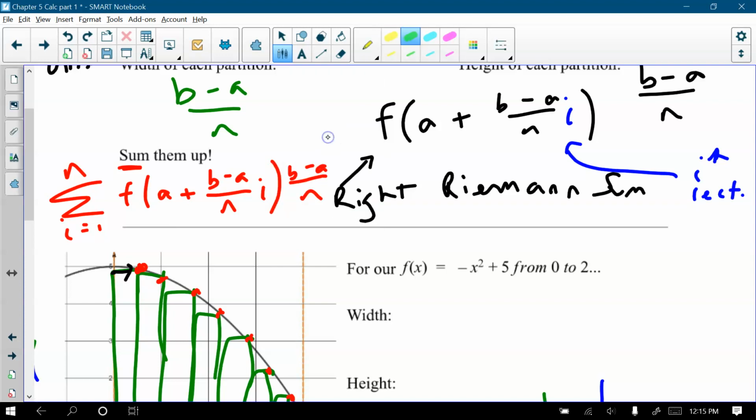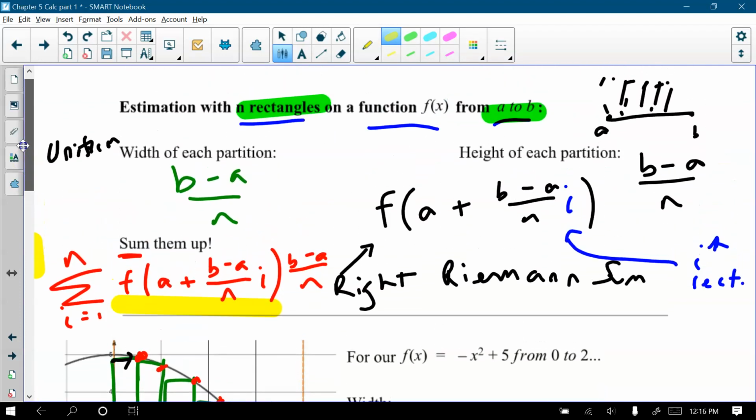Now, here's where we're going to go with this just to make sure you're clear. This part, f of a plus b minus a over n times i, that's called the height. So we have the height, we have a width. Notice the width is always staying the same. It's uniform. So the width is not changing at all, but the height is.